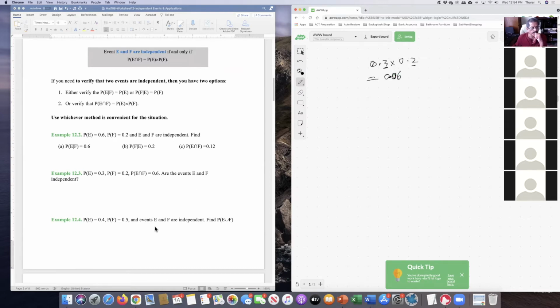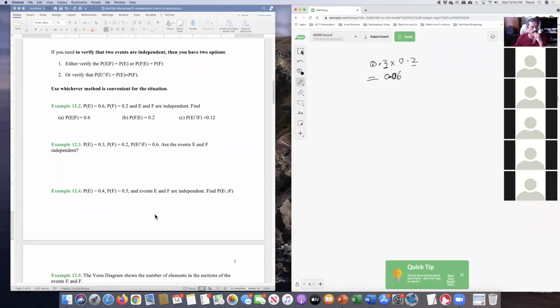Okay, the next one says the probability of E is 0.4, the probability of F is 0.5, and the events are independent. Find the probability of E union F. All right, where do we begin? Anybody?